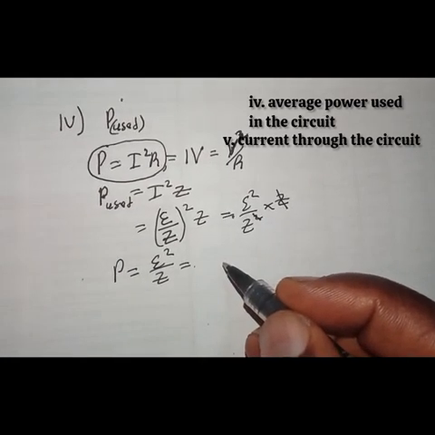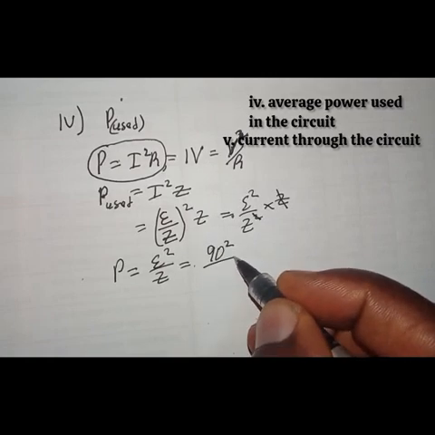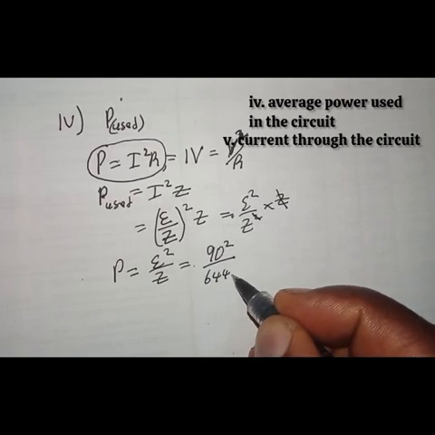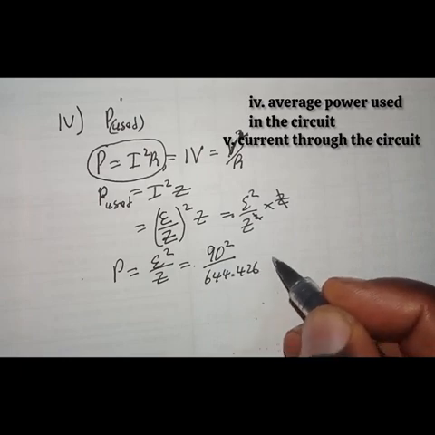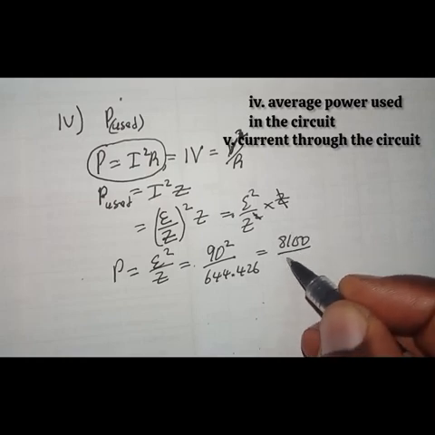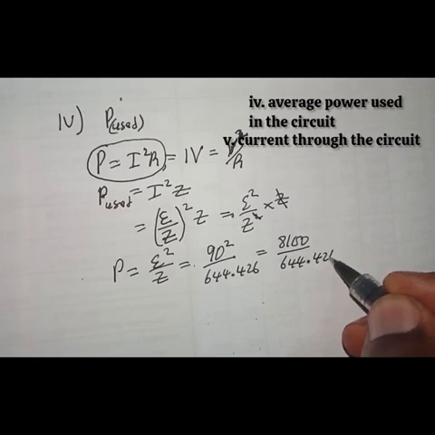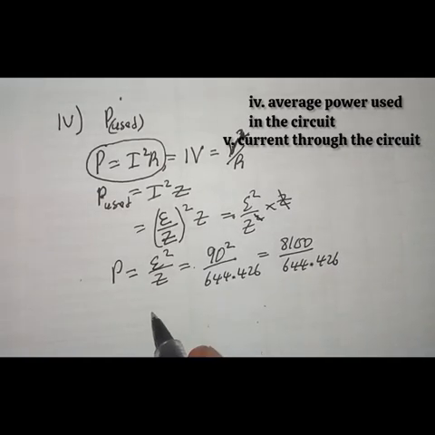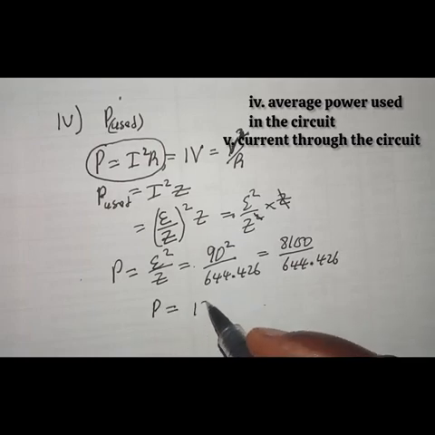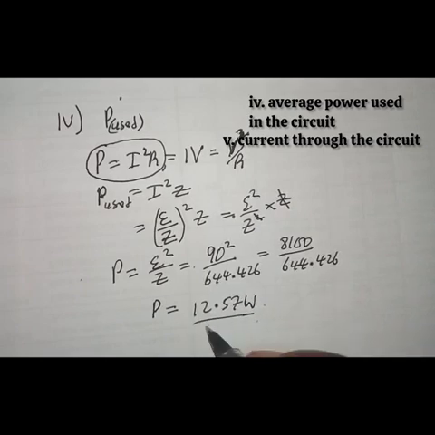We originally know that our E was given in the question as 90 volts. So we have 90 squared all over our Z, which is 644.426. When you compute that, you have 8,100 over 644.426. Finally, the power used is going to be equal to 12.57 watts, as the case may be.